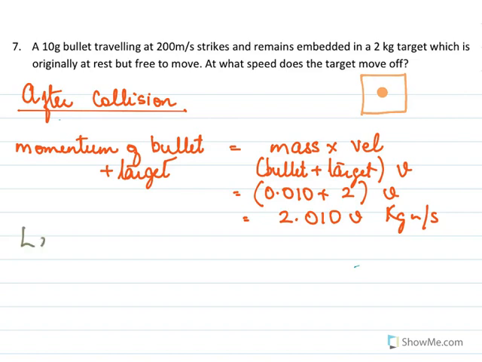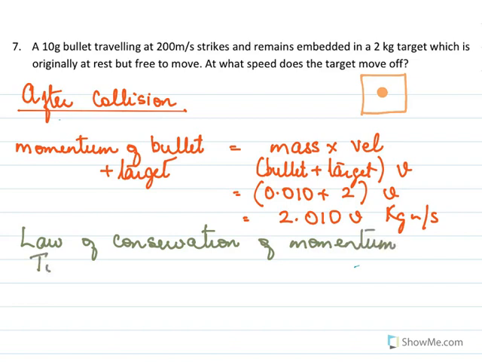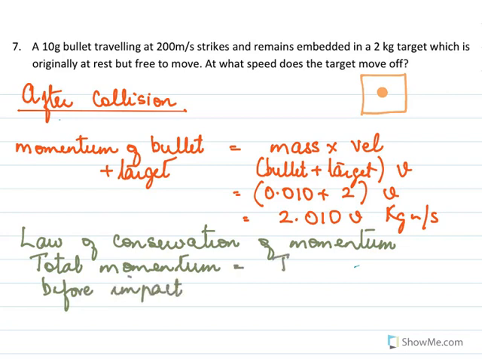Next, we know by law of conservation of momentum, we have momentum before impact equal to momentum after impact. So total momentum before collision or before impact equal to total momentum after collision or after impact.